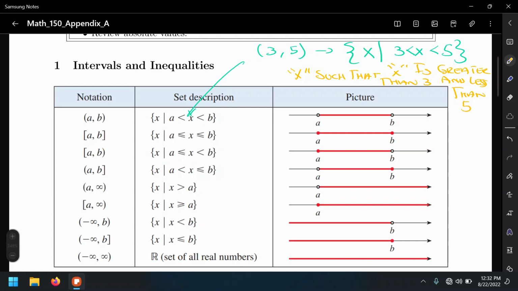All right, this little bar right here means such that. So we're describing this interval of numbers between 3 and 5. So it's all the values of x such that are greater than 3 without including the 3 in this case, and less than 5 but without including the 5 in this case.